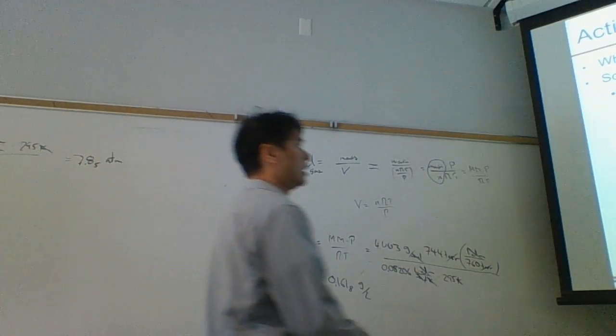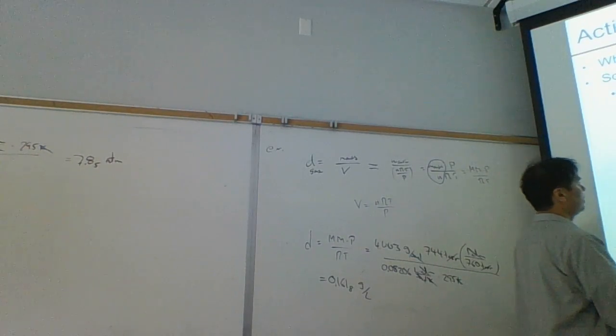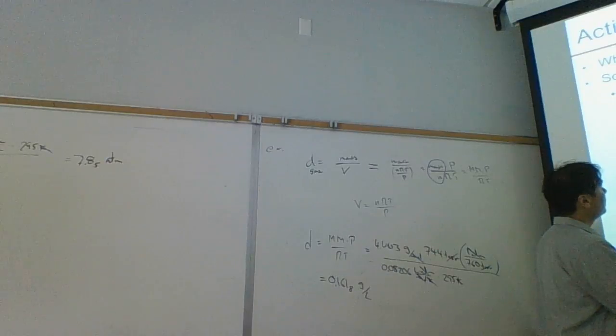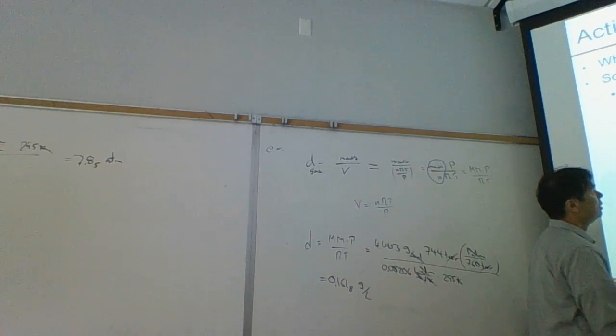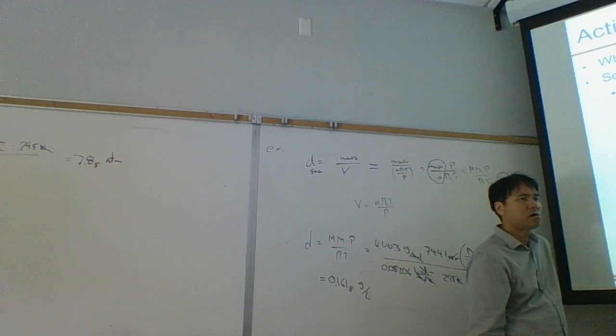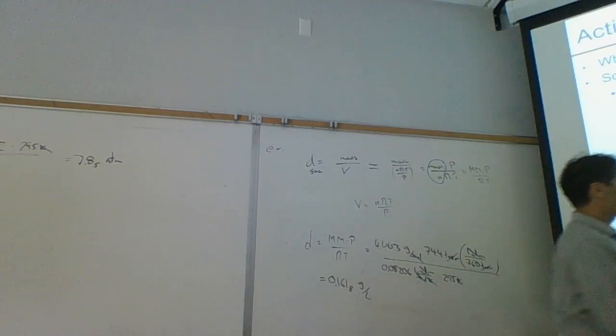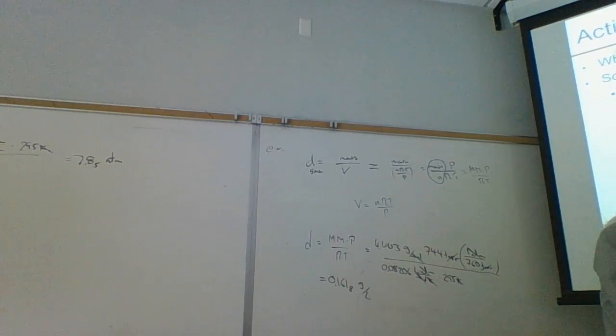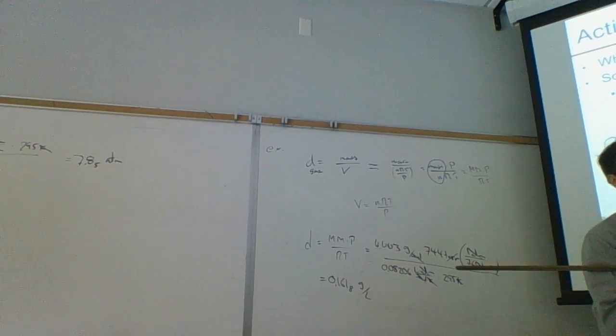Molar mass, they use the same 4.003 grams per mole. P, 744 torr. But you take a look at this, they did it differently. For example, 62.4.